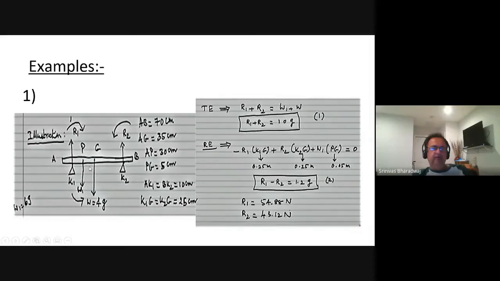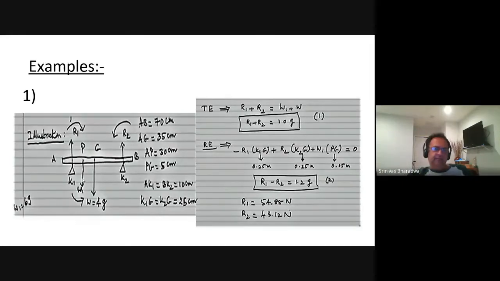About G. When you take moments about G, you take this one times that, this one times that, plus this one times that. So W1 times PG and R2 times K2G, those two will be this way.